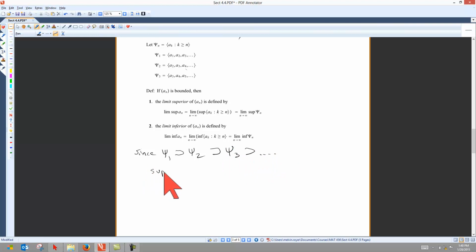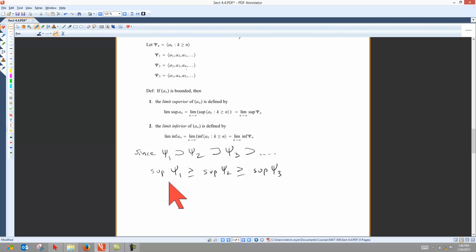And so what can we say about the sup of psi 1 as compared to the sup of psi 2 as compared to the sup of psi 3? Well, the bigger the set, the bigger the supremum, because you have more numbers over which to pick the largest, loosely speaking. And so these guys go this way.